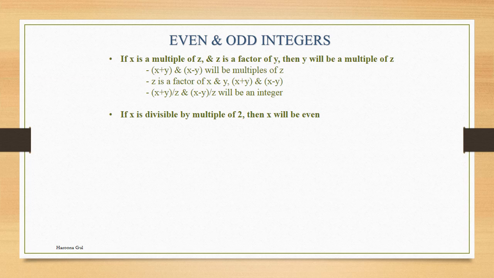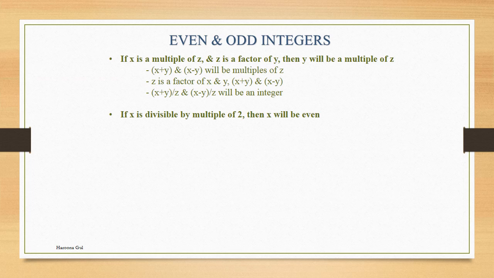Then x plus y, that is 10, and x minus y, that is 2, will be multiples of 2, that is z. z is a factor of x and y, that is 2 is a factor of 6 and 4, and it is also a factor of x plus y, that is 6 plus 4 equals 10, and it is also a factor of x minus y, that is 6 minus 4 is 2. x plus y divided by z and x minus y divided by z will be an integer.